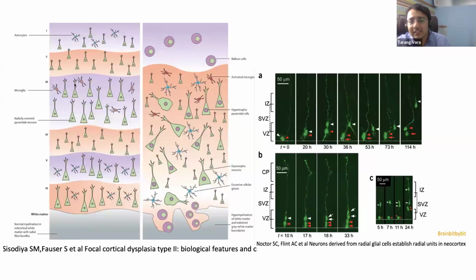If it is disorganized, but the cells are normal on pathology, we call it FCD1. But when we see some abnormal cells, something called balloon cells, as is seen over here in the purple with the green dot, we call it focal cortical dysplasia type 2.